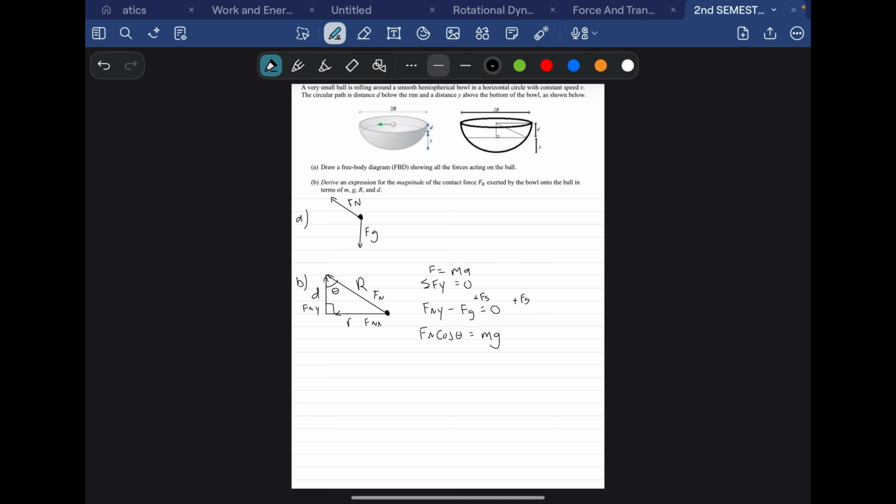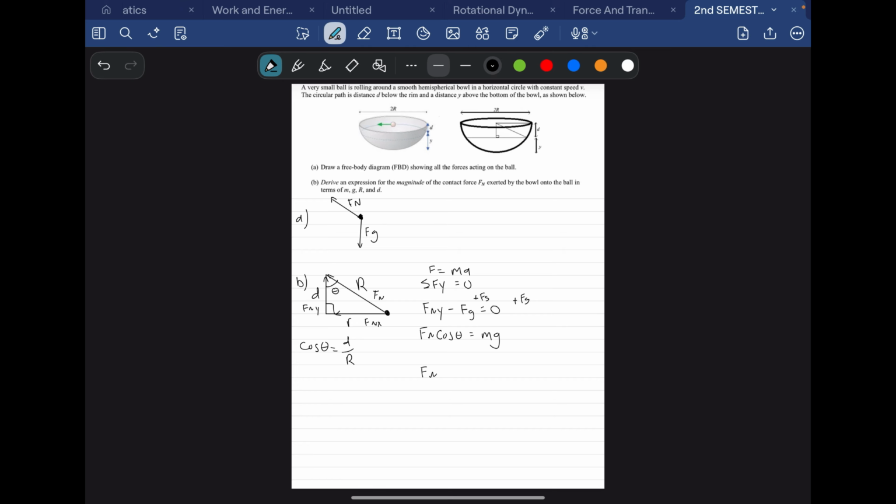And then we don't know what theta is, and we need to use R and d. So we know that cos theta is equal to adjacent, which is d, over the hypotenuse, which is R. So I'll replace that with what we have.